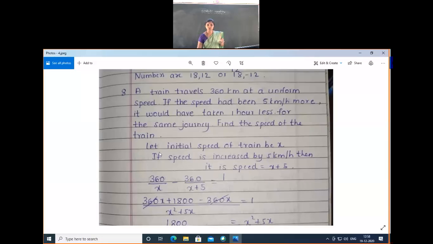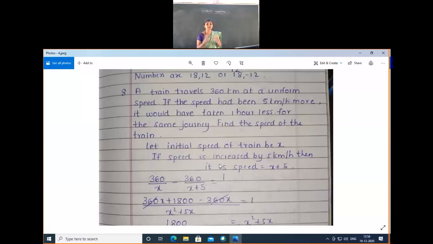So we have to take the initial speed of the train as x. If the speed is increased by 5 km per hour, then what happened to the speed actually? Initial speed is x. For that initial speed, if the 5 km per hour speed is added, then it is x plus 5. Now the speed is x plus 5.